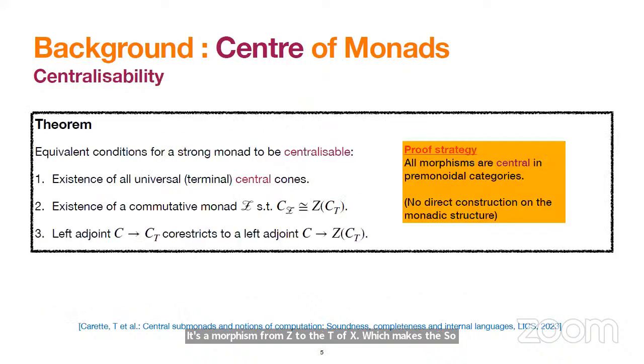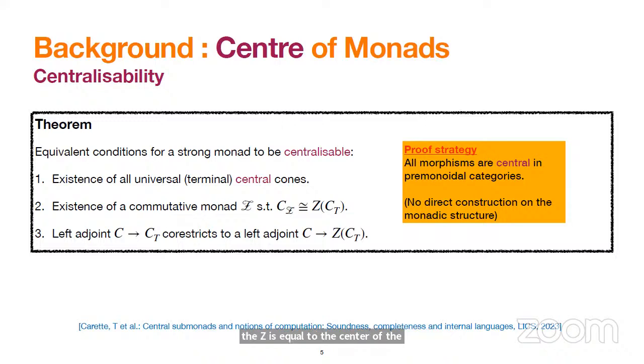From that, they discovered that the existence of universal central cones is equivalent to there being a commutative monad Z such that the Kleisli category of Z is equal to the center of the Kleisli category of the monad.